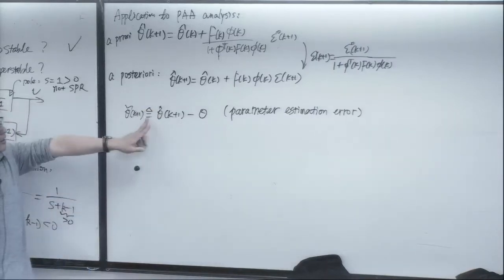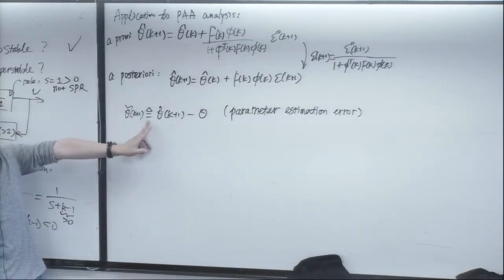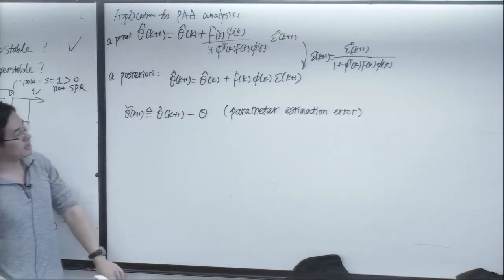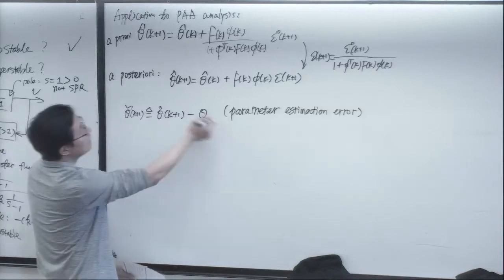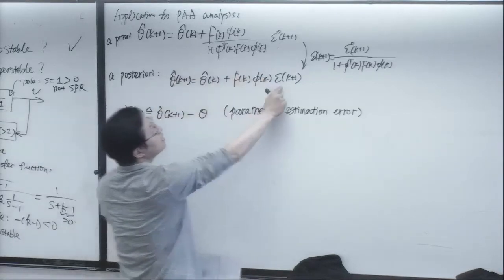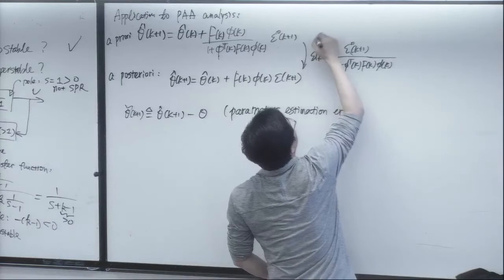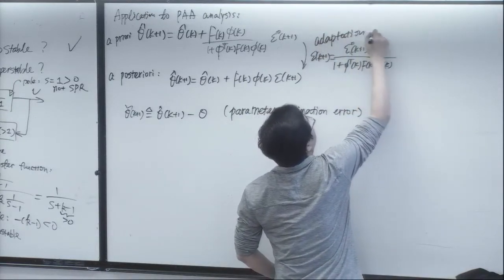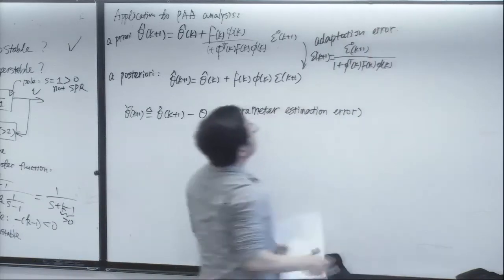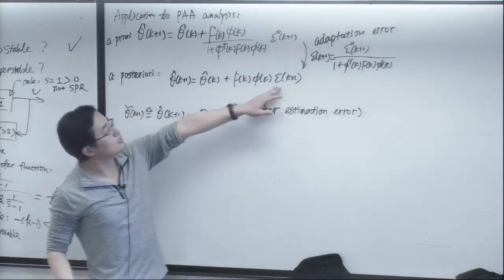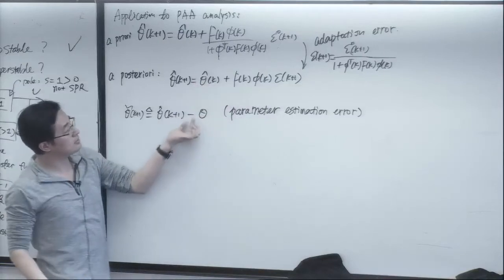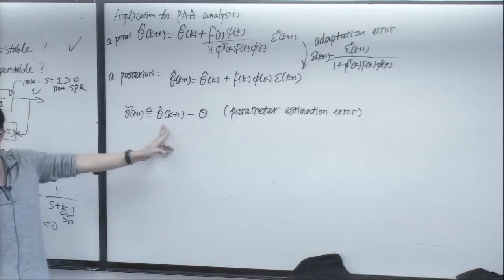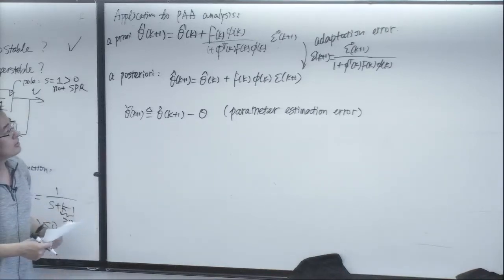I use a triangle equal sign to indicate this is defined this way. Pay a little attention to the terminology. This epsilon is the adaptation error. This is what's going to drive this adaptation law. And this is the parameter estimation error, the error between the true and the estimated parameter. That's the definition.